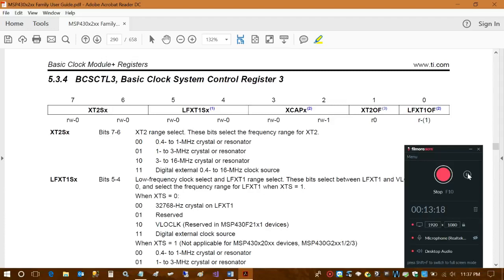Now LFXT1Sx, this is nothing but a low frequency clock select, and it also selects the range.